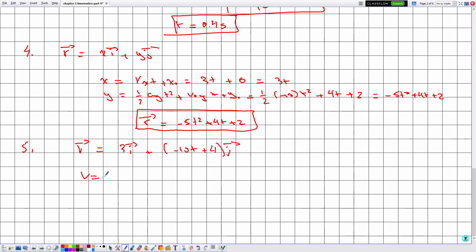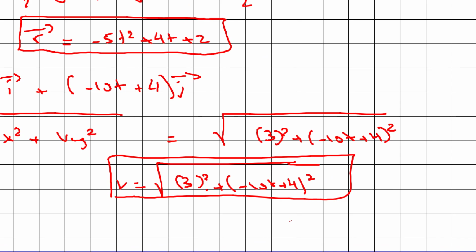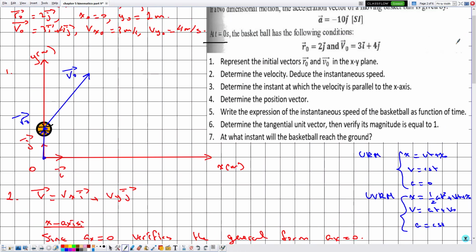Then the instantaneous speed is given by the square root of vx² + vy², which is equal to the square root of 3² + (-10t + 4)². Okay, so this is the instantaneous speed. For sure it is expressed in meters per second, and recall that we don't expand what is inside the radical, we keep it in the factorized form, although it consists of 2 groups.